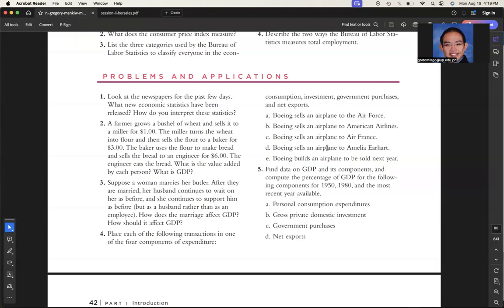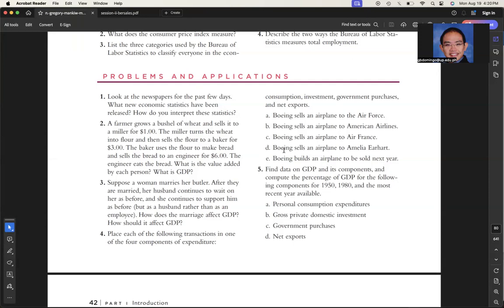And lastly, Boeing builds an airplane to be sold next year. If that's true, then there's an increase in inventory investment. So that's also an increase in I, similar to how Boeing sells an airplane to American Airlines. Again, A, B, C, and D all assume that these are new production.